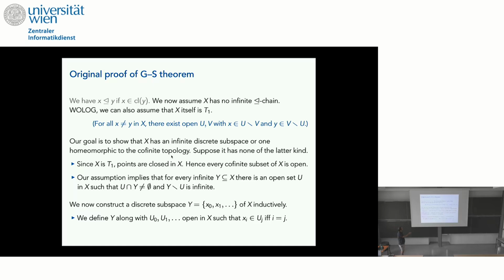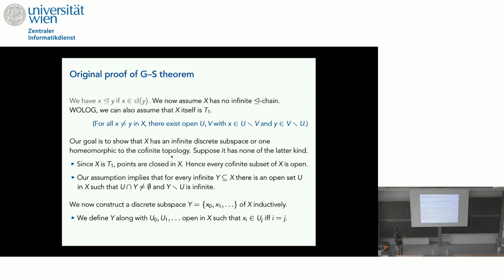So what our assumption means is that if you give me any infinite subset of our space X, there has to be an infinite open set U which intersects that set and whose complement inside that set is still infinite. So there has to be an open set which in the subset is both infinite and co-infinite. Otherwise, we'd be done.